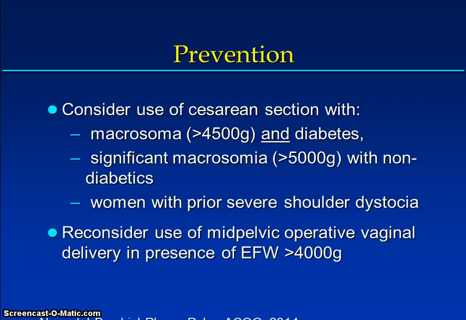As noted in the prior video, most of this is not supported with crisp literature, but certainly it's a reasonable suggestion. Certainly women with prior severe shoulder dystocia, one cesarean delivery can be offered to them.